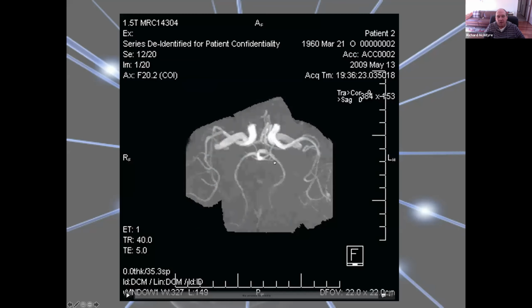So we have posterior circulation: the vertebral arteries, the basilar, and the posterior cerebral artery. We have our internal carotid arteries, our middle cerebral, and we don't see these anterior cerebrals very well on this view.